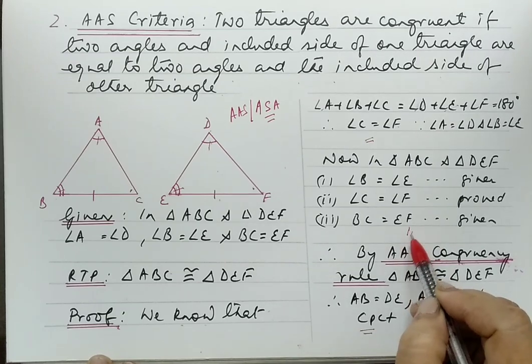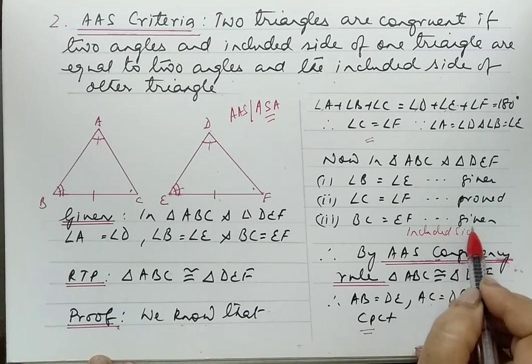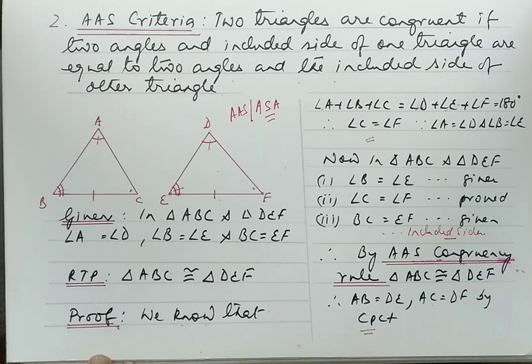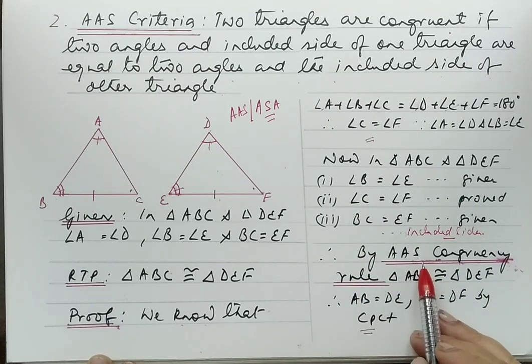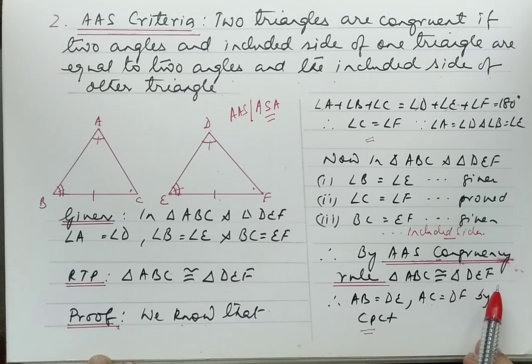You can write over there, included sides, both of them. So, between B and C, by the angle-side-angle congruency rule, the conclusive part of it, finally we declare that triangle ABC is congruent to triangle DEF.